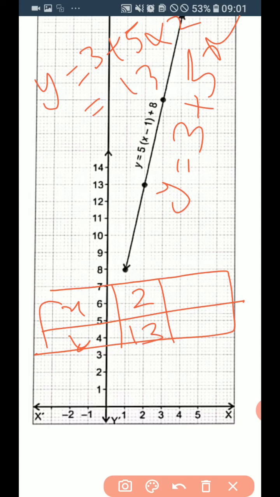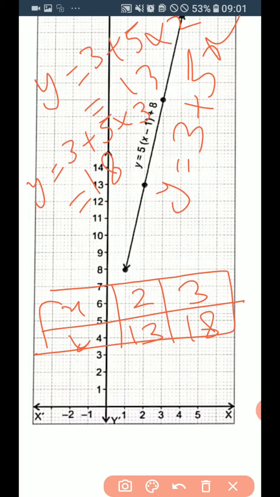If you put x equal to 3, then y equal to 3 plus 5 into 3. 5 threes are 15, and 15 plus 3 is 18. Y equal to 18.